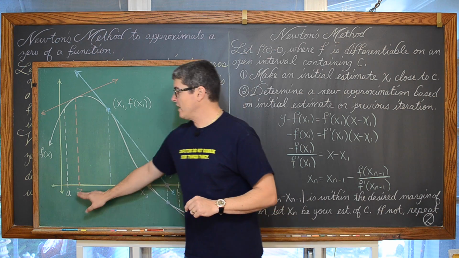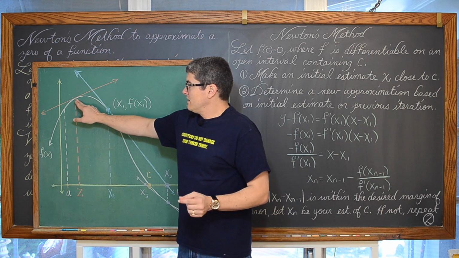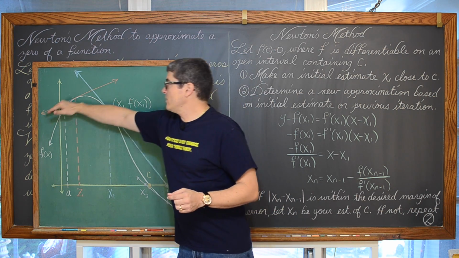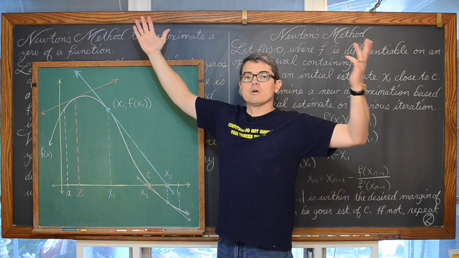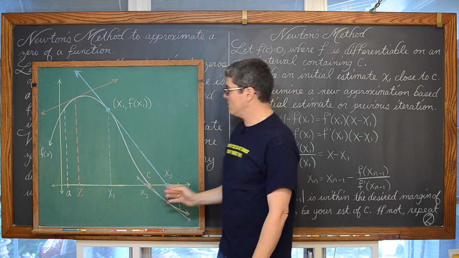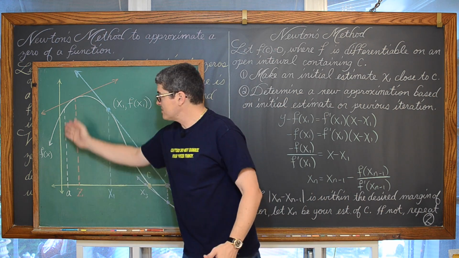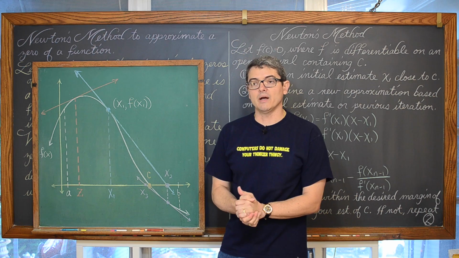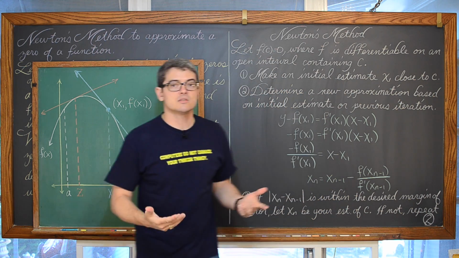Well, if it's too far away from c, the slope of the function could throw you a tangent line that goes nowhere close to this 0 that you're trying to estimate. So you don't want to be real far away because the Newton's process may fail.